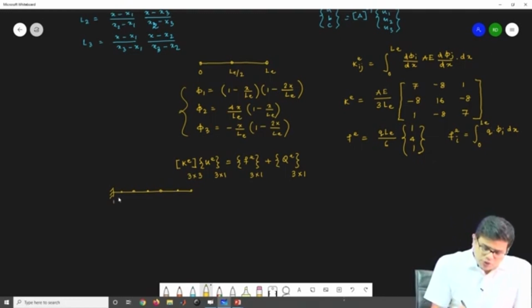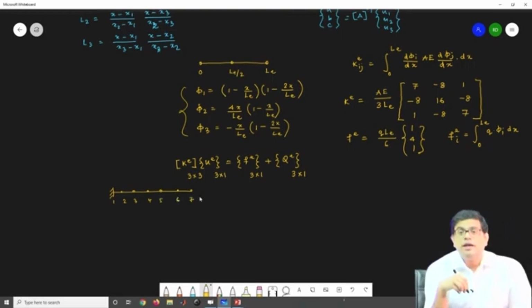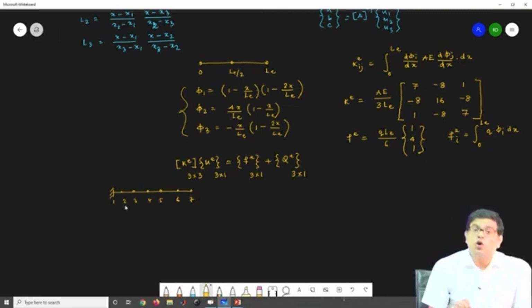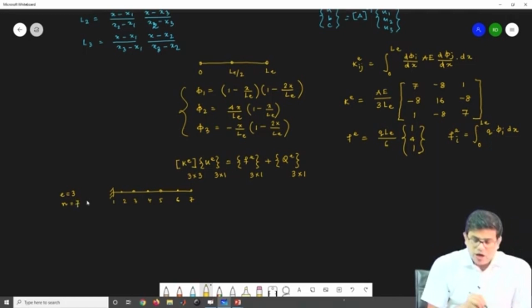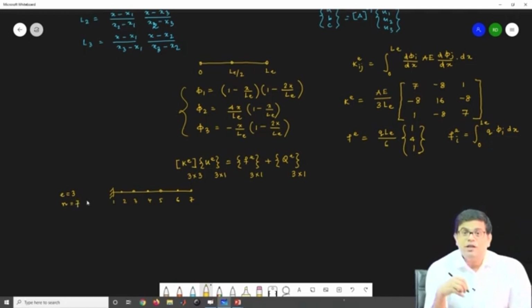So this becomes 1, 2, 3, 4, 5, 6, 7 nodes. So you see that if I use a higher order polynomial, my number of nodes increases in the discretization. Even though we use the same number of elements, so the number of elements is 3, the number of nodes becomes 7, while it was 4 for the linear case.